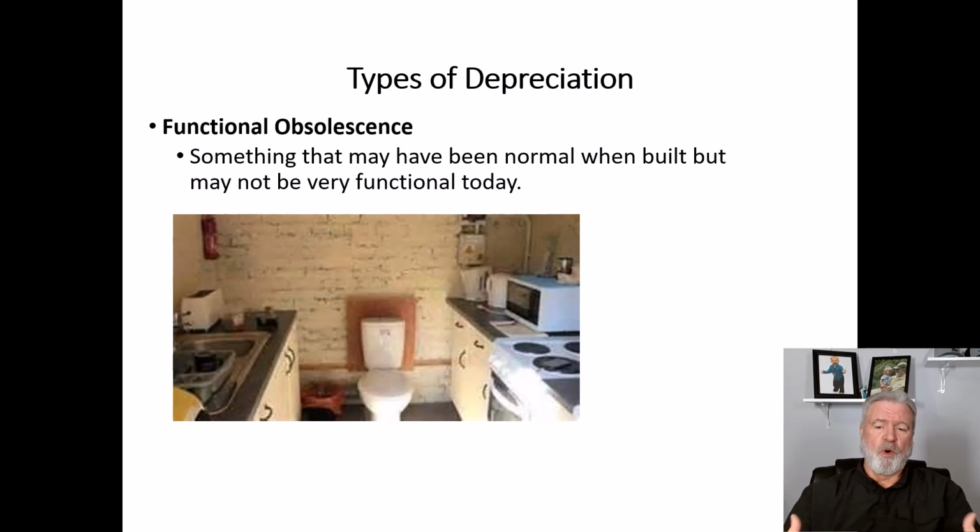But to give you some more common examples of functional obsolescence, let's say you got a 4-bedroom house, but there's only one bathroom. I will tell you, for just about everybody, that's a functional obsolescence. If you need 4 bedrooms because you got that many people living there and you only have one bathroom, that's going to be a problem with the functionality there.